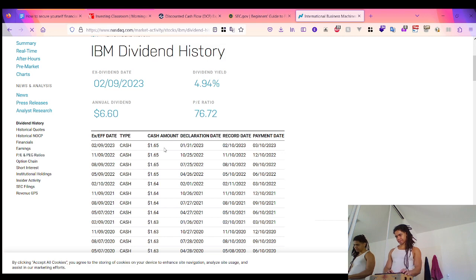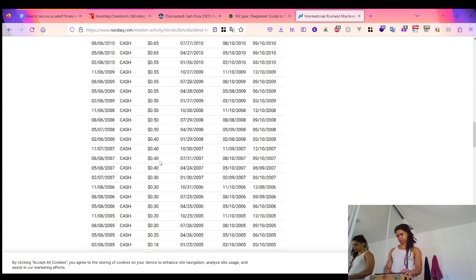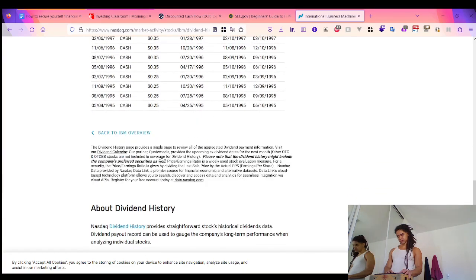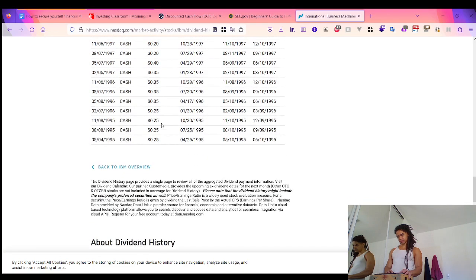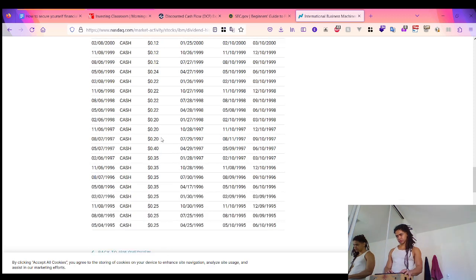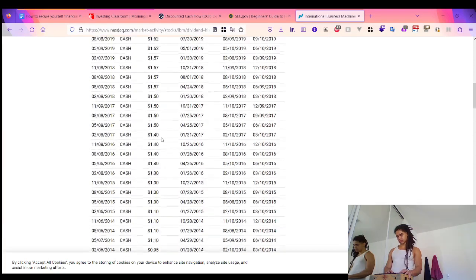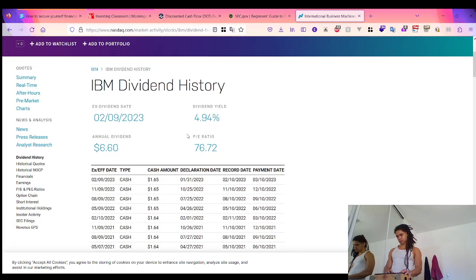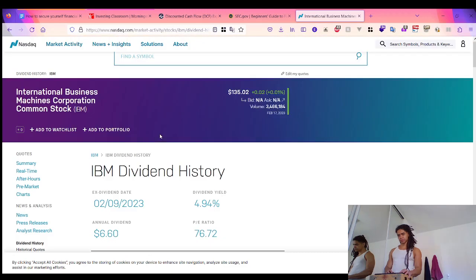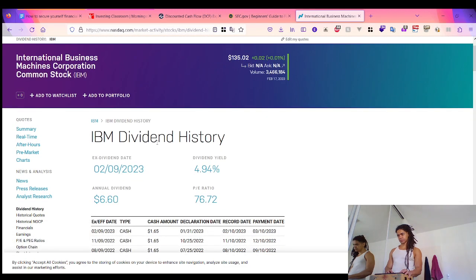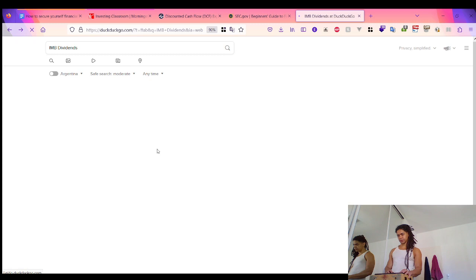Cash amount, record date. A single page to review all the aggregate dividend payment information. Dividend yield, 4.94%, annual dividend per ratio. Interesting.